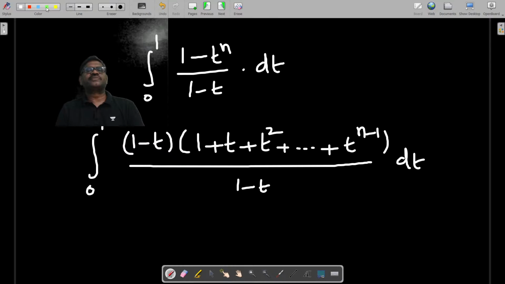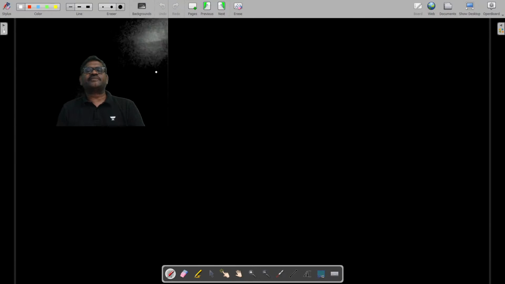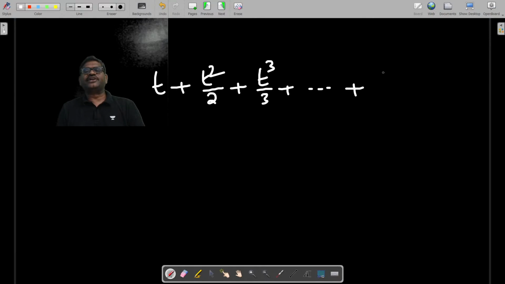The 1 minus t cancels. The integral of 1 dt is t, of t dt is t square by 2, of t square dt is t cube by 3, and of t power n minus 1 dt is t power n by n, from 0 to 1.